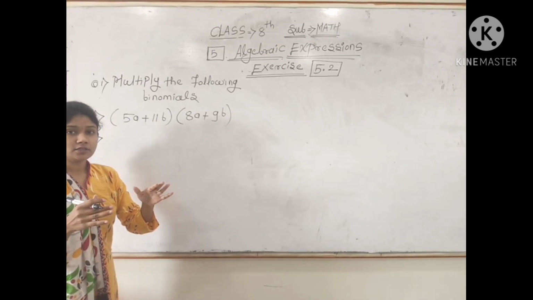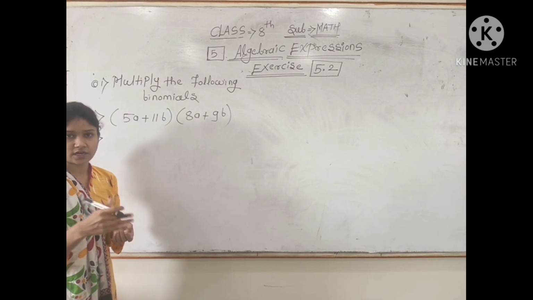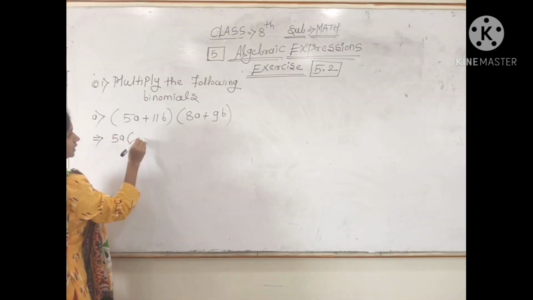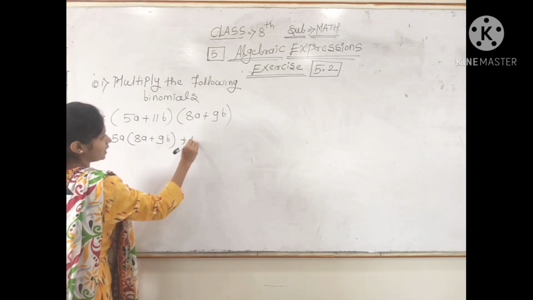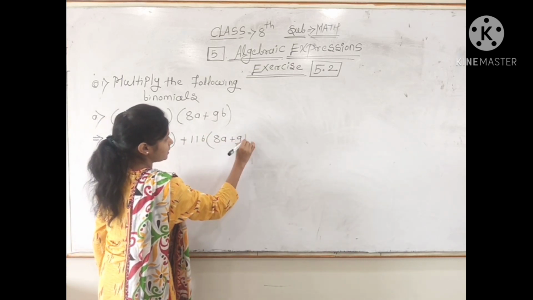Then we collect the like terms and do the addition or subtraction. So 5a is multiplied by 8a plus 9b, plus 11b is multiplied by 8a plus 9b. We solve step by step.